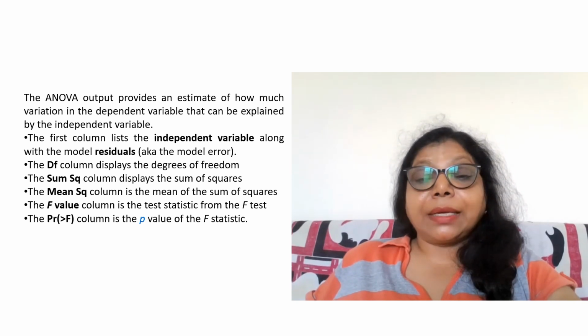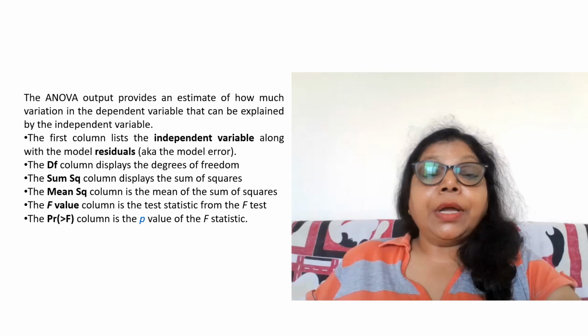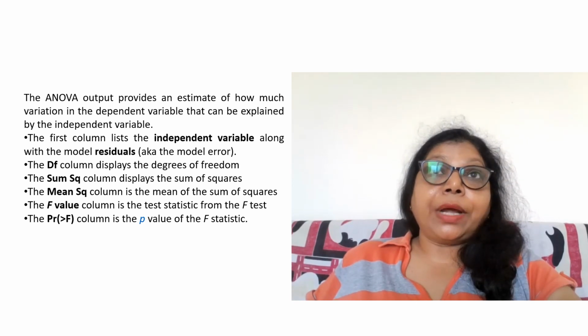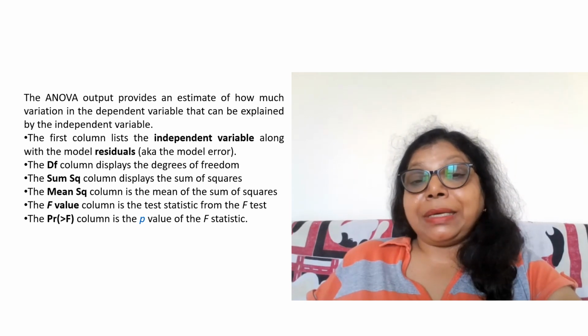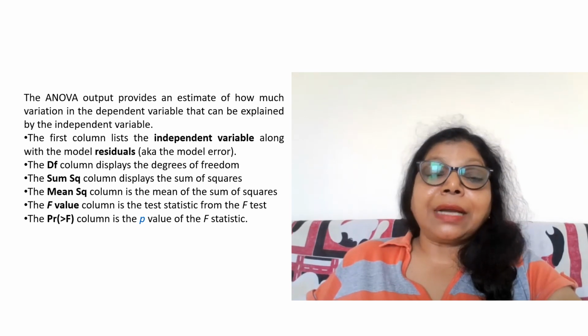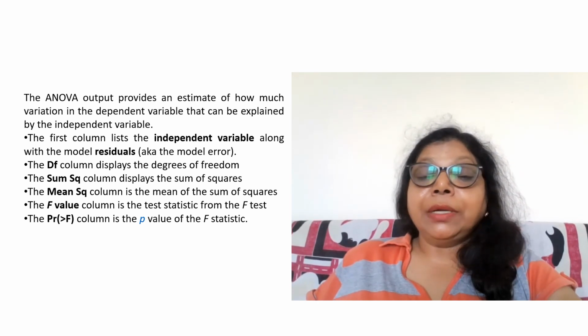This shows how likely it is that the F value calculated from the test would have occurred if the null hypothesis of no difference among the group means were true. Because the p-value of the independent variable, that is fertilizer, is statistically significant, that is p is less than 0.05, it is likely that the fertilizer type does have a significant effect on average crop yield.